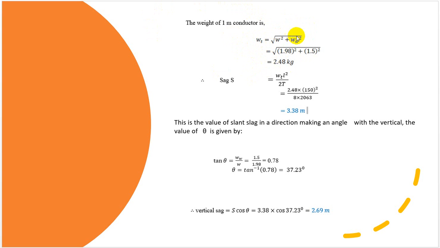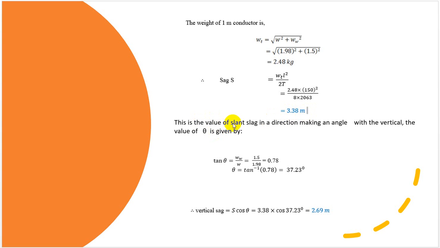After calculating, I get the value of Wt is 2.48 kg. Then I can find the value of sag S. Sag S equals Wt L squared by 2T, and I put the values of Wt, L and T, then I find sag S equals 3.38 meters.